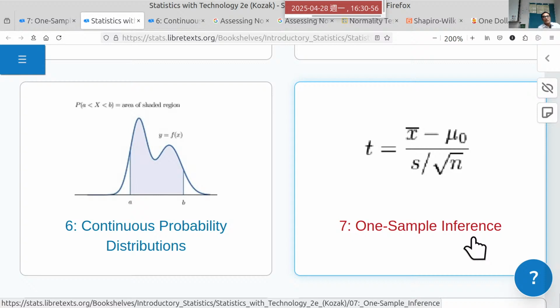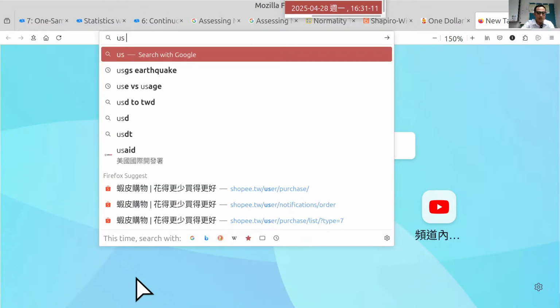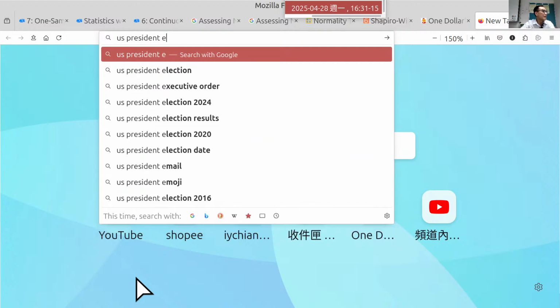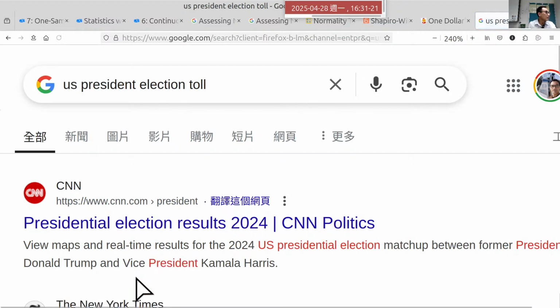Again, we try to use limited information to infer, to guess the big population. For example, the U.S. presidential election poll.